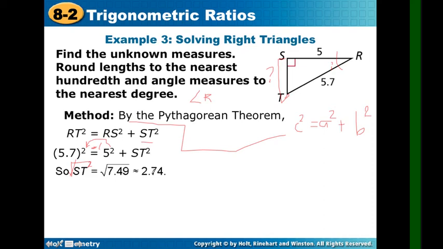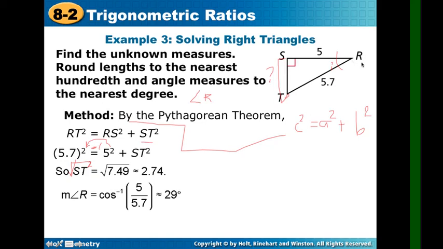Well, anyway, let's proceed. So, yan yung ating side ST. 2.74 ang measurement nito. Now, we're looking for the angle R. If you're looking for the angle R, given this side and this side, ano ang relationship ni R kay 5?